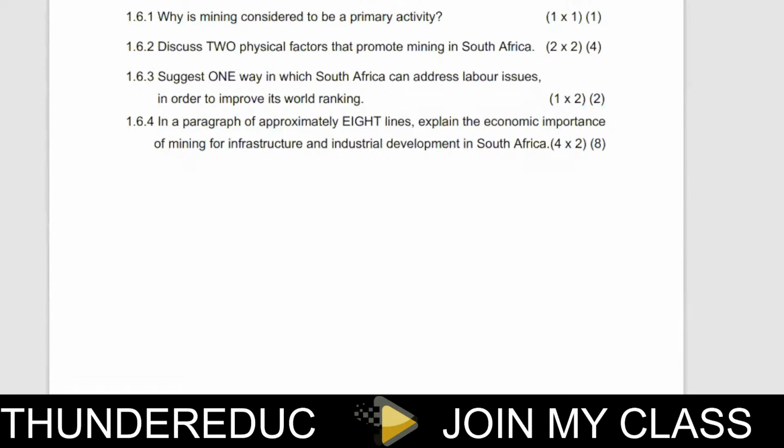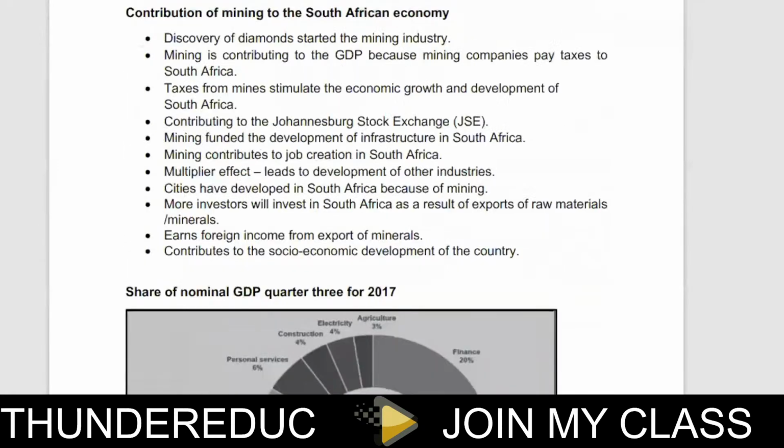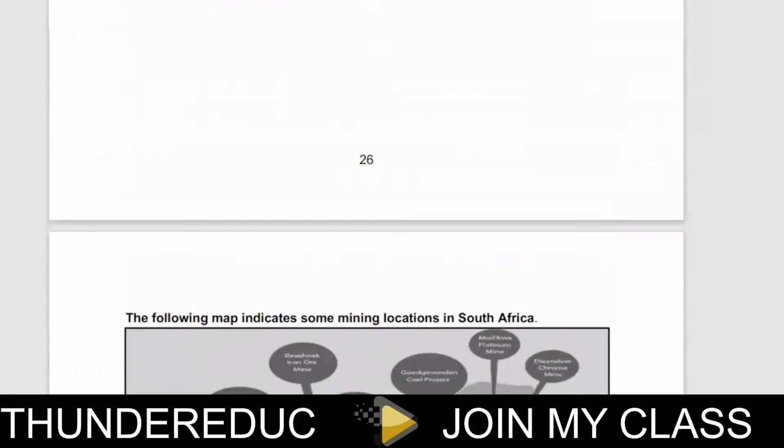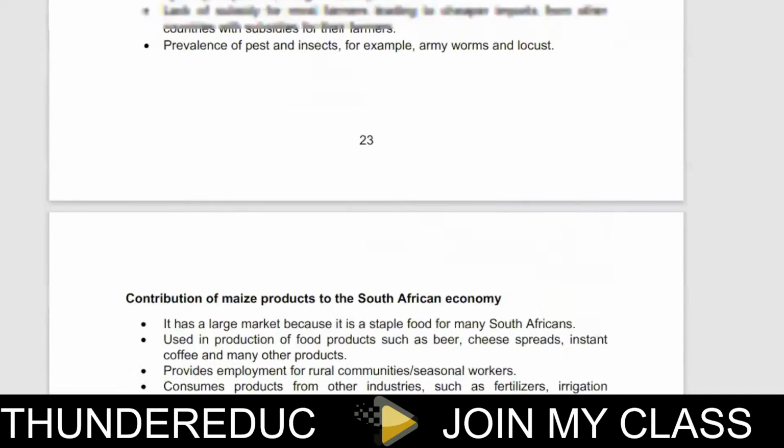Then we proceed and look at something else. The next activity after secondary activity is what we call the tertiary activity.